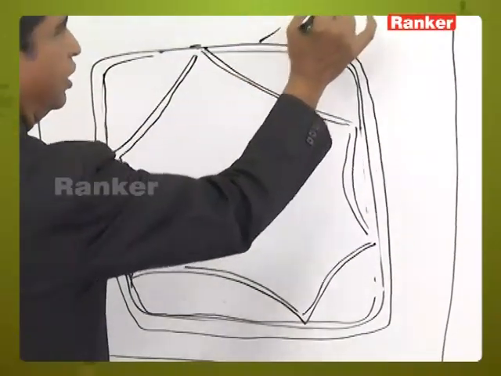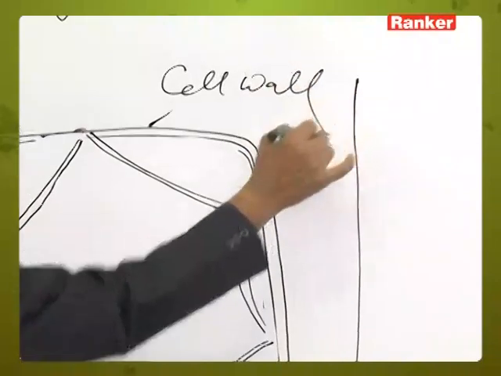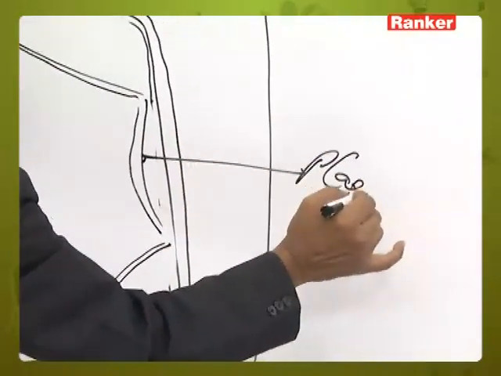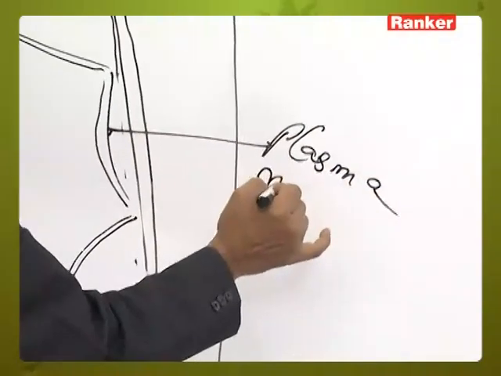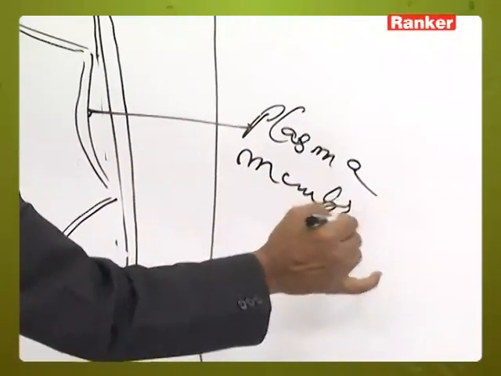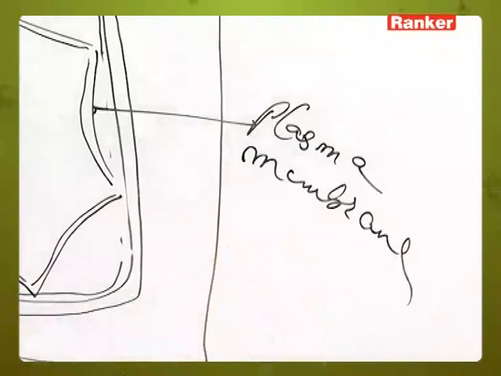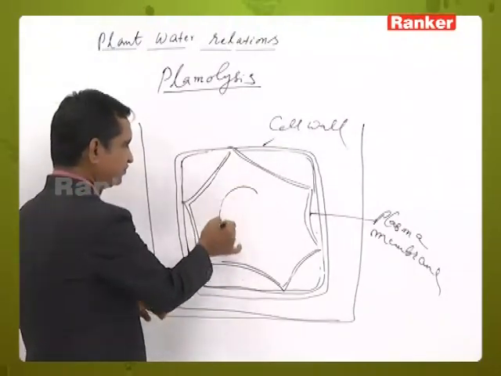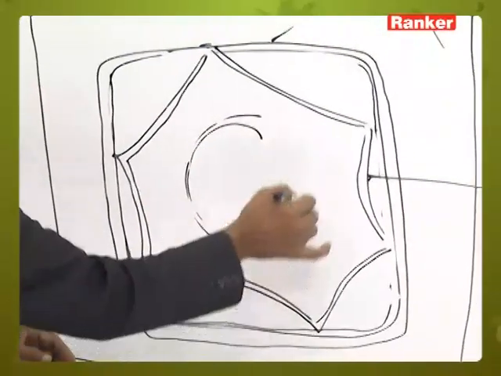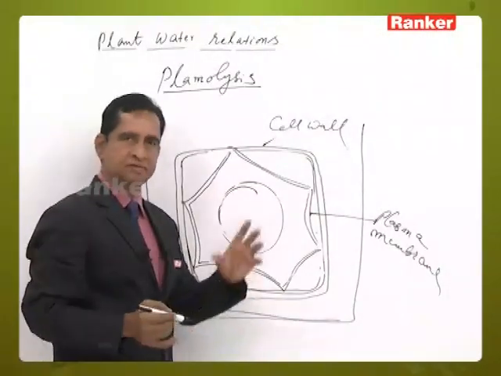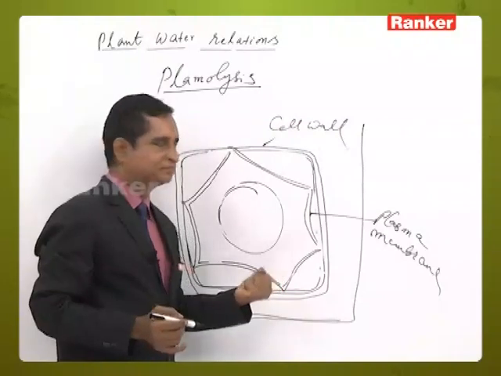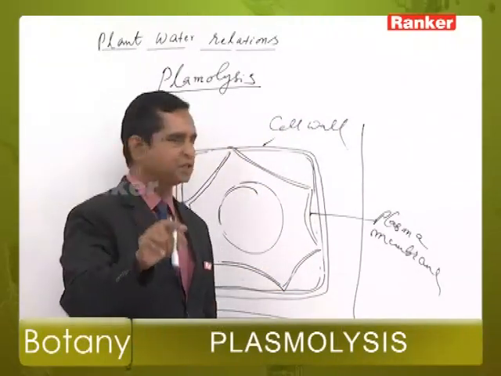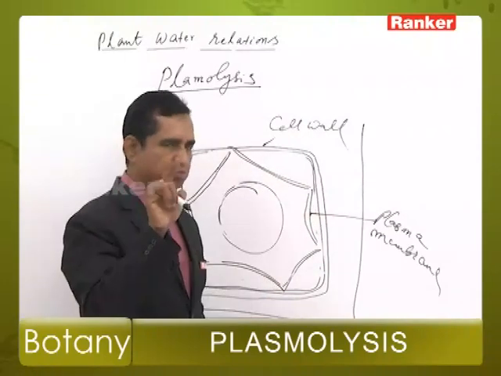This is cell wall. This is a plasma membrane. Gradually, the vacuole inside the cell shrinks. The protoplasm remains attached to the cell wall at certain points.